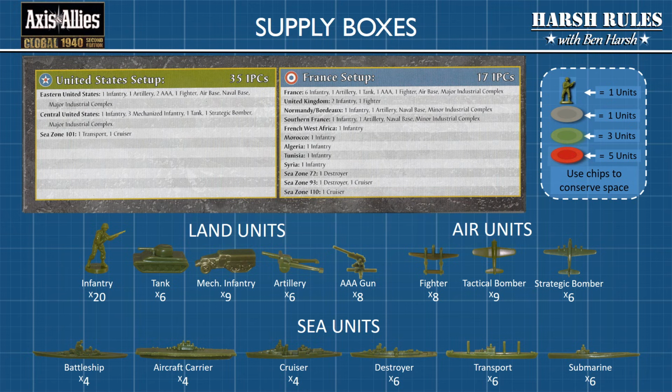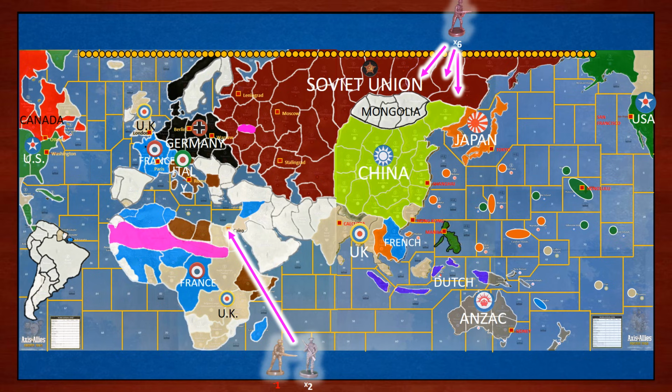The figure on top identifies the units represented by the stack and counts as one unit. Each gray chip represents one additional unit. Green chips represent 3 additional units, and red chips indicate 5 additional units. Once you've placed all the units listed on the various box lids, there are some additional units that must be placed for the global edition.